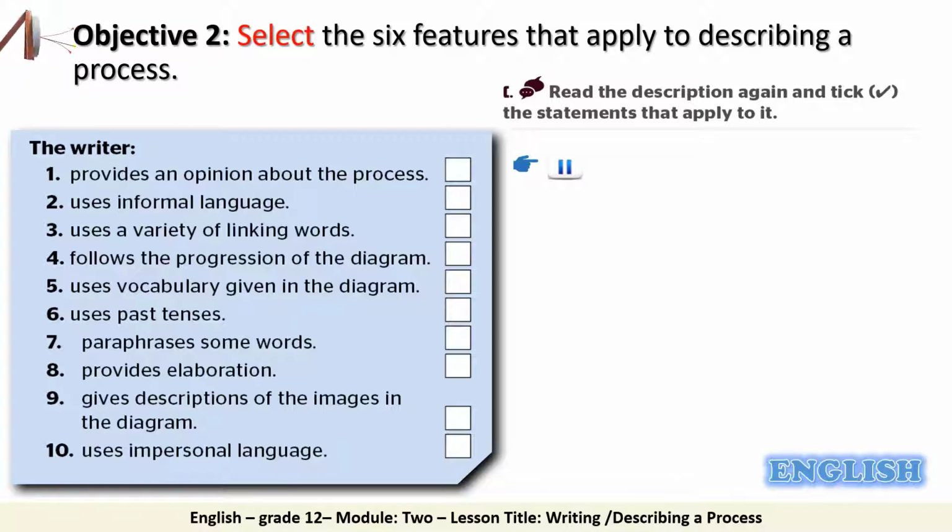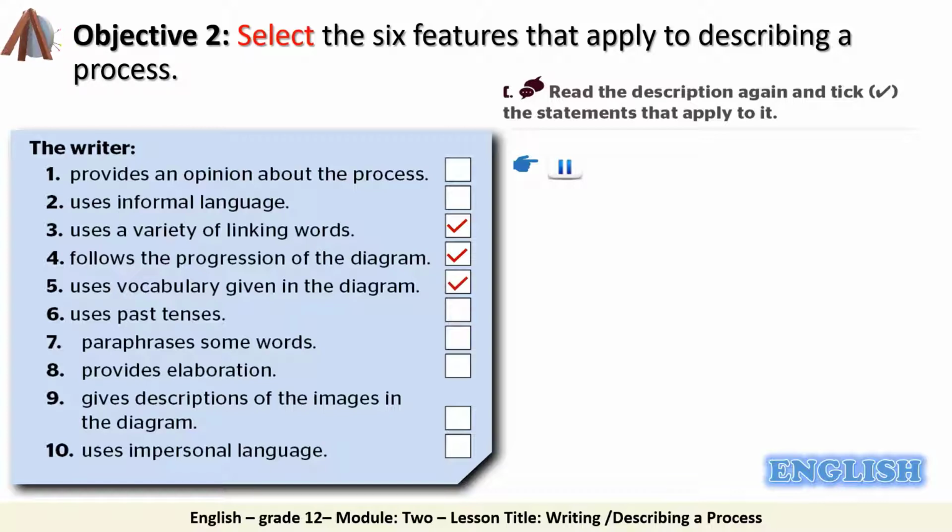So the first feature that applies to our description is that it uses a variety of linking words. And we have seen this in the first objective. The next one is that the writer follows the progression of the diagram, which means here keeps the same order of the stages.